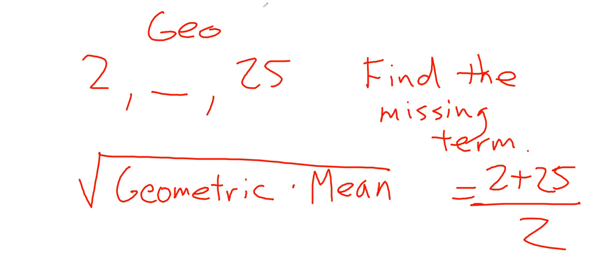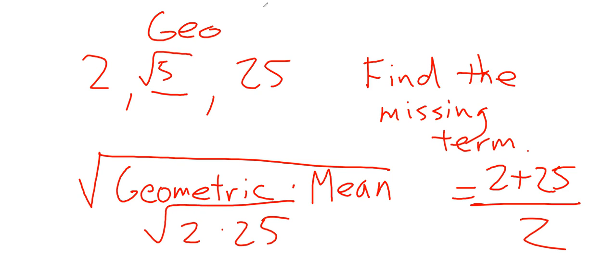But in the world of multiplication, if you want to find the average, you multiply and take a square root. So you multiply the two numbers together, take the square root. So the square root of 50 is the value in the middle. I'm surprised you didn't have anything like that.